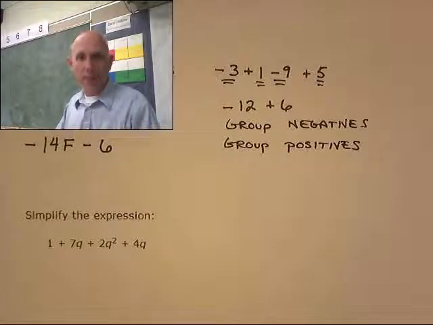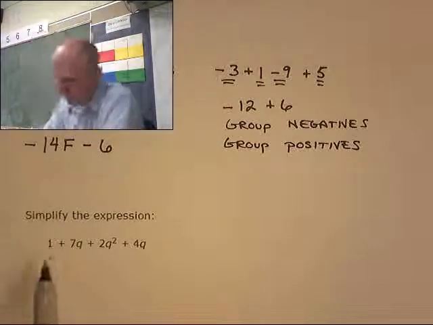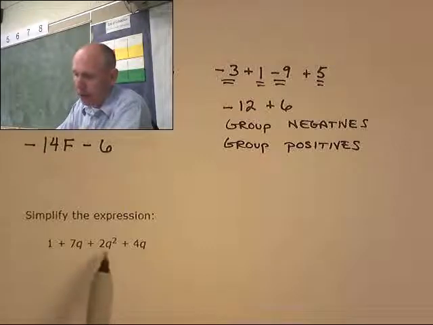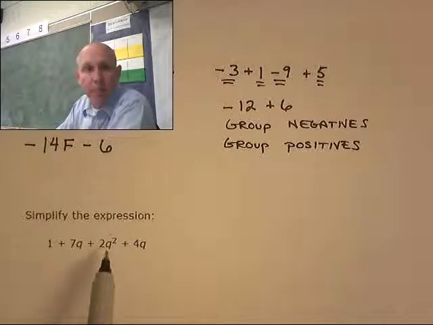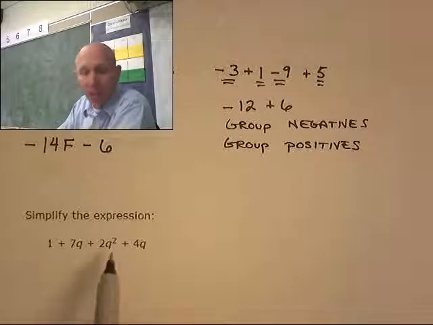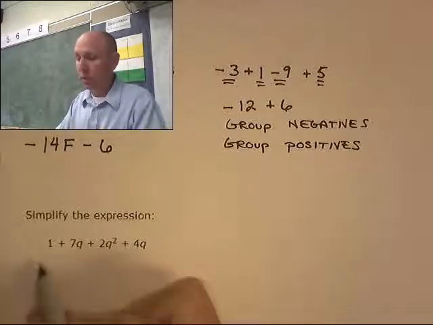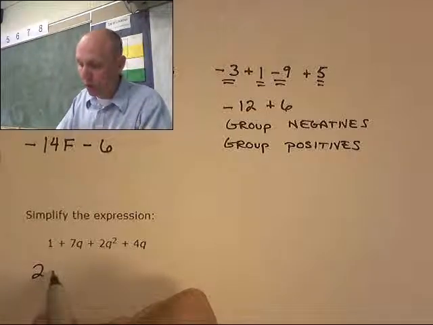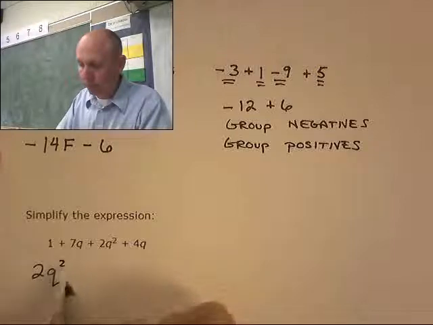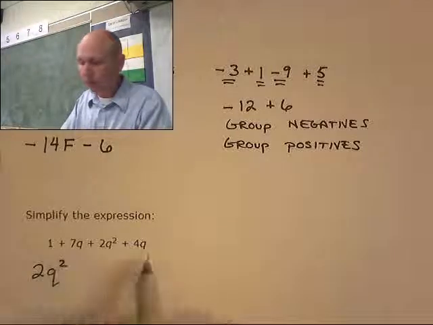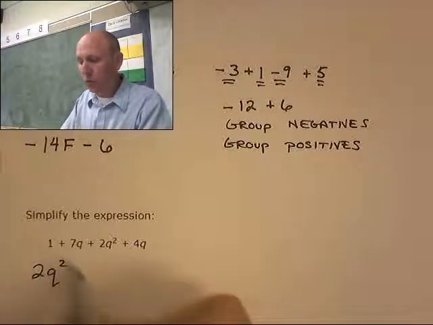Let's see. Okay. Q squareds play with Q squareds. Well, there are no other Q squareds on this. So 2Q squared just comes down to my final answer. Q's play with Q's. I have 7 Q's and 4 Q's.